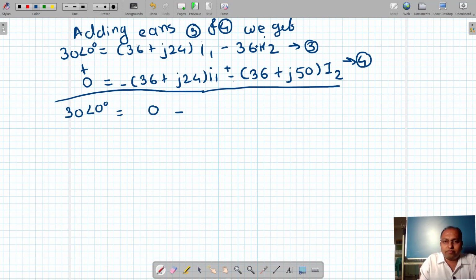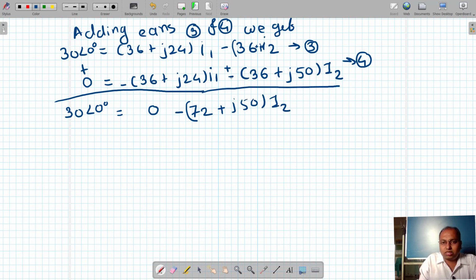Minus 36 minus 36 is going to become minus 72, and let us write the minus outside of this bracket, and this is going to become plus j50 I2.